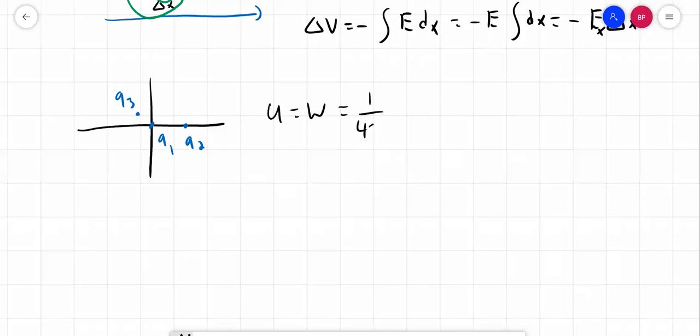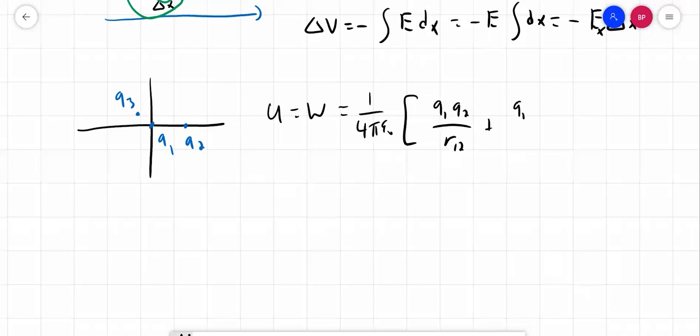So there's going to be this 1/(4 pi epsilon naught) out in front of everything. And then the potential between Q1 and Q2 is Q1 times Q2 divided by the distance between them. And next I have to pull in Q3 from infinity. So then I'll have to fight against Q1 and Q2.